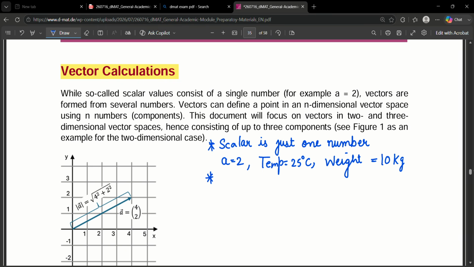Then there is a vector. So what does it mean by vector? A vector first represents a size, a magnitude, and second, a direction.